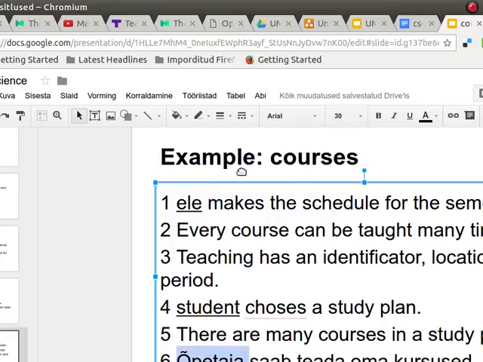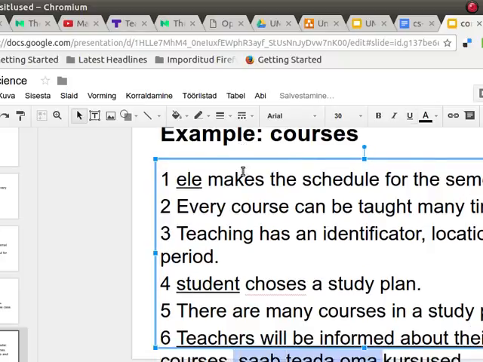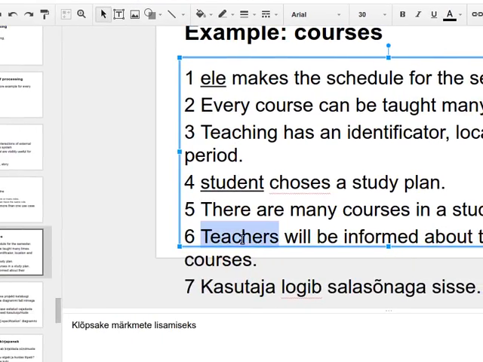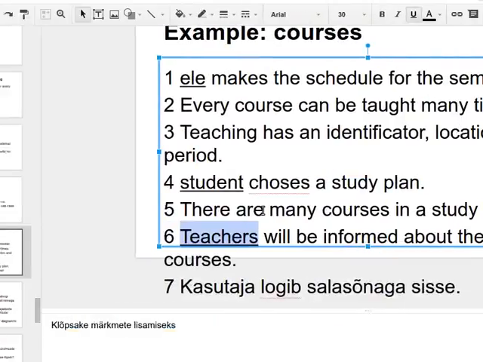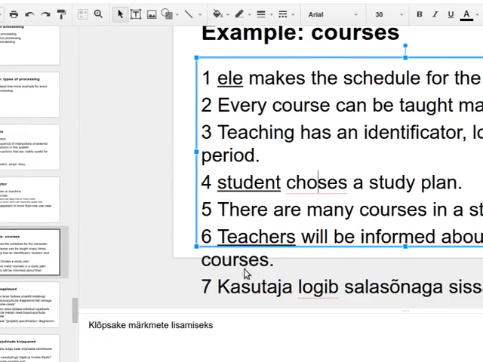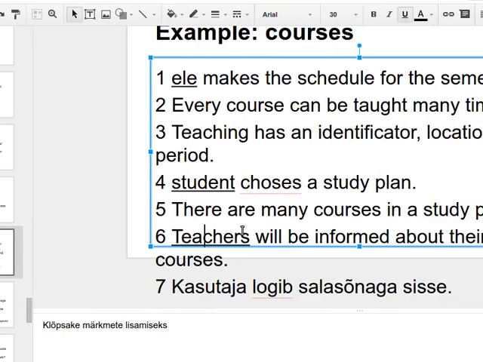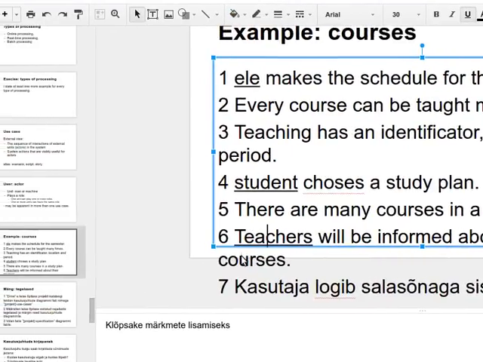So teacher will be informed about their courses. I have underlined actors. Okay, there are too many already.